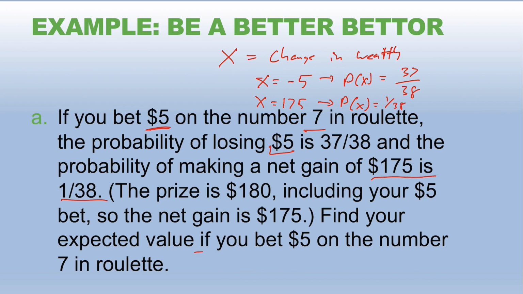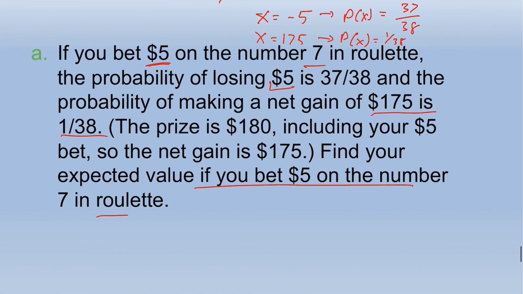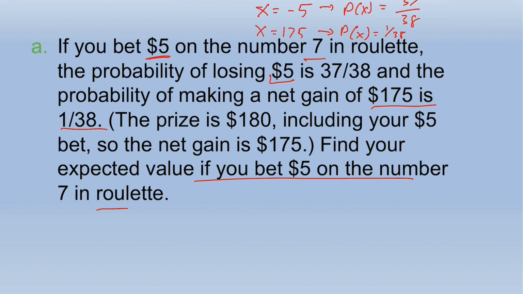Okay, find your expected value if you bet $5 on number 7 in roulette. So the mean, the expected payoff, is going to be -5 times the probability of -5 plus 175 times the probability of X equaling 175.